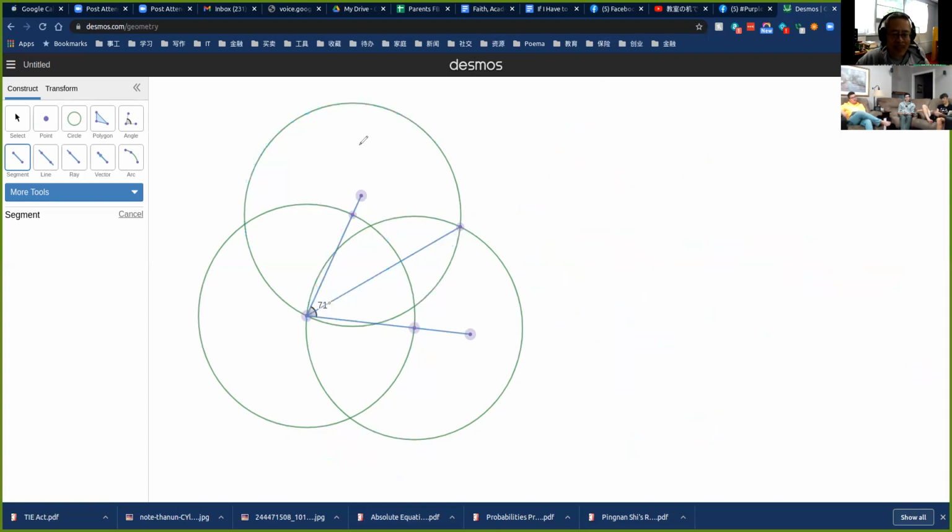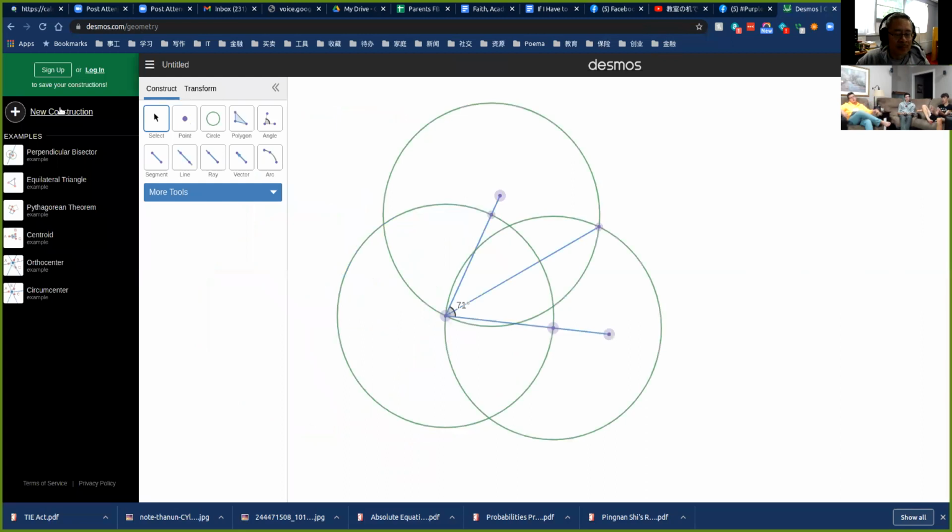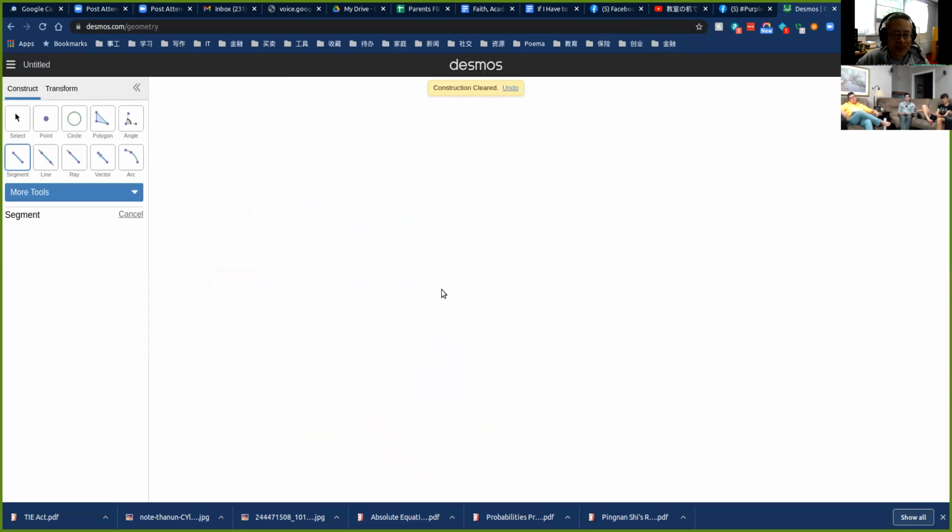So let's look at another one. This time we're going to bisect a line segment. Okay, we've got a line segment. So how do we bisect it? Actually, it turns out to be pretty easy.